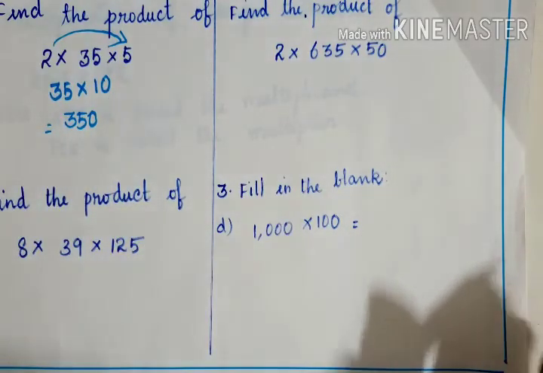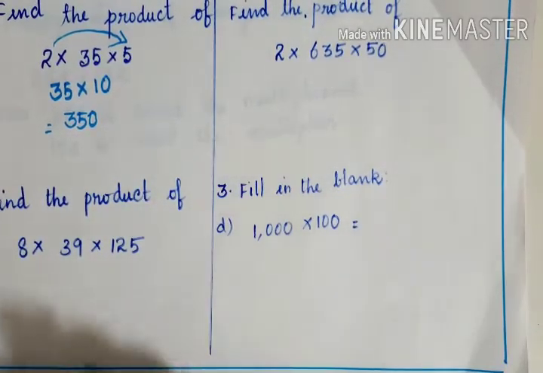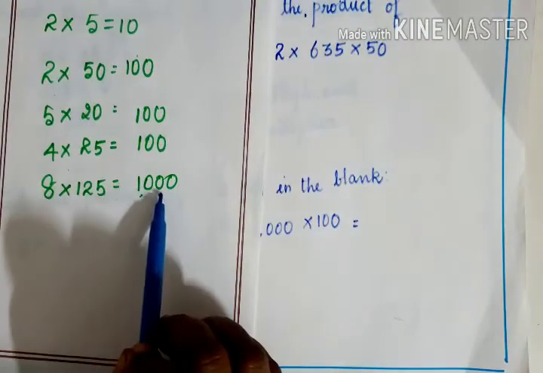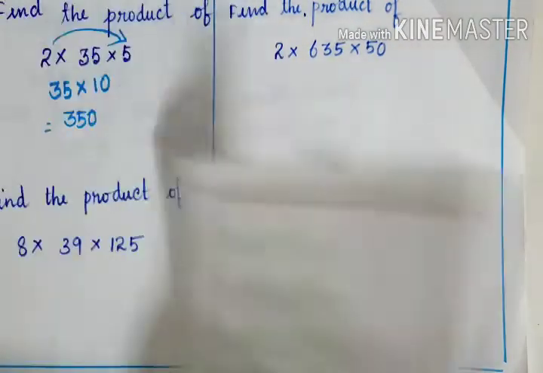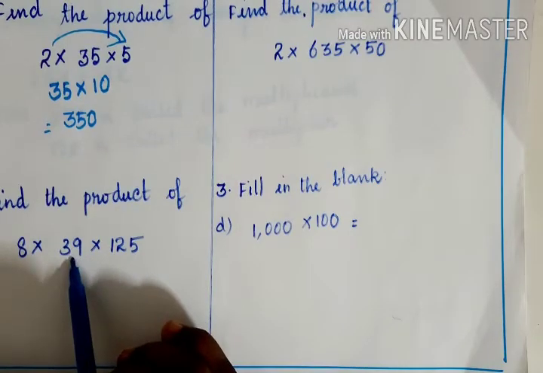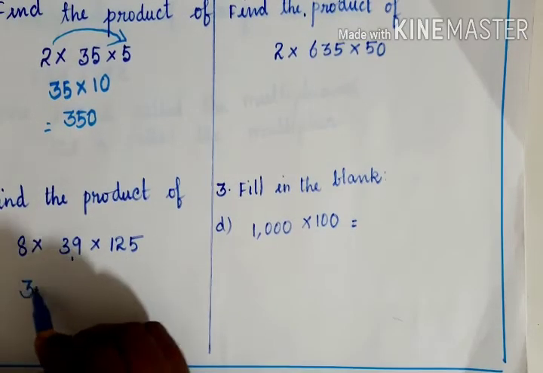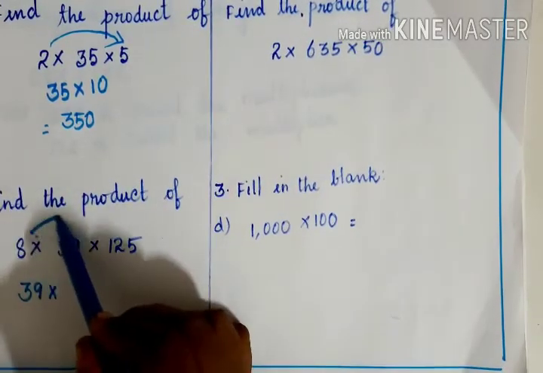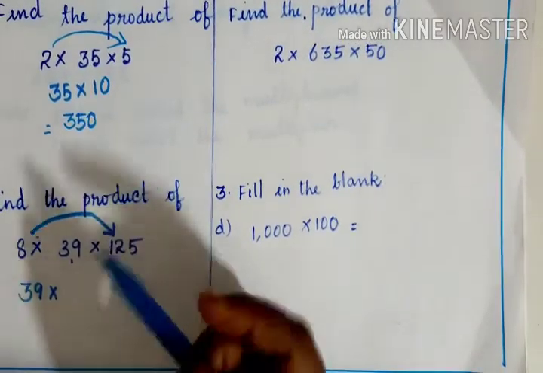Now you are going to answer along with me. What we studied: 8 into 125 is 1000, isn't it? So first you write 39 multiplied by 8 into 125, which is 1000.